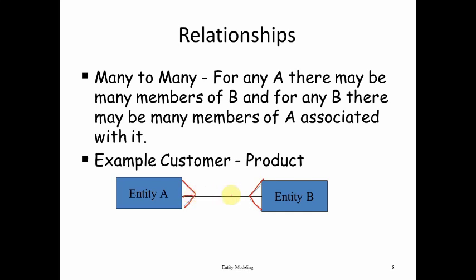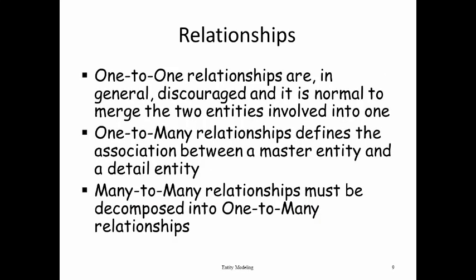So this represents a many-to-many kind of relationship. For any A, there may be many members of B, and for any B, there may be many members of A associated with it. Example, we can have many customers for products, many products for the customer. So that's a many-to-many relationship.